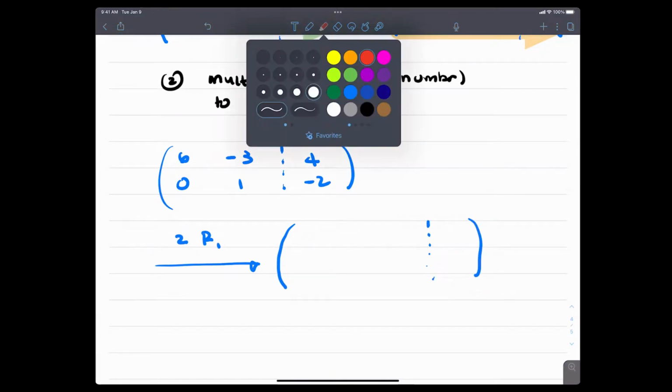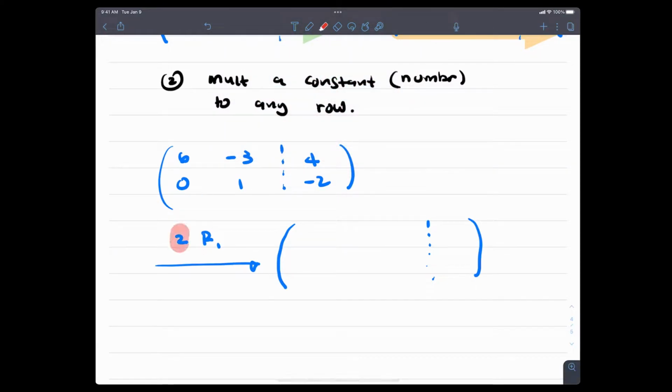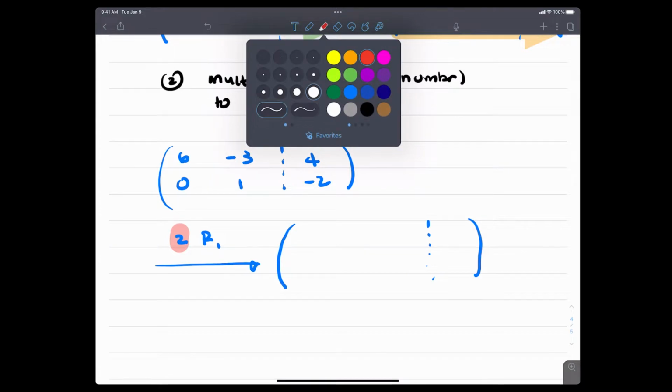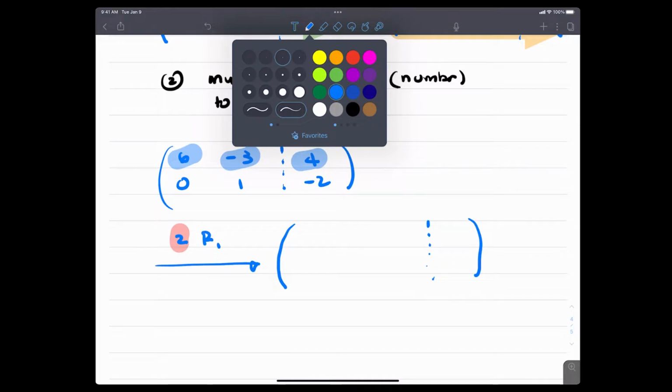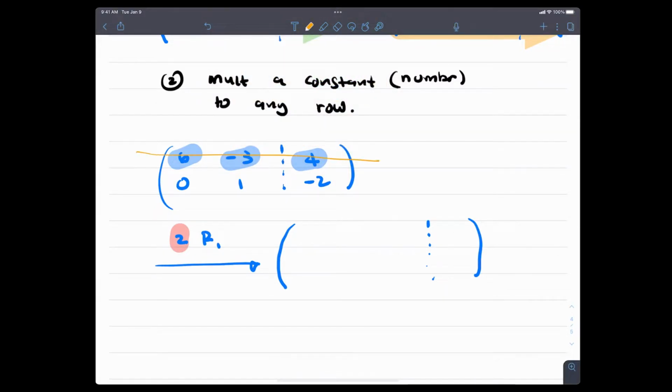In this case, the constant's what number? It's 2. What am I multiplying the number 2 with? Every entry in row number 1. Now remember, row number 1 is on top here. Is that right? Okay, so I can multiply 2 times 6. What do I get?